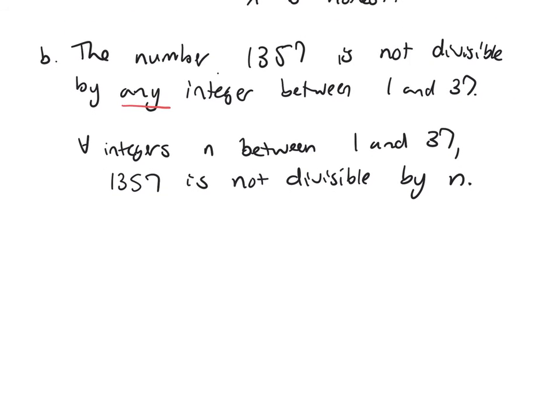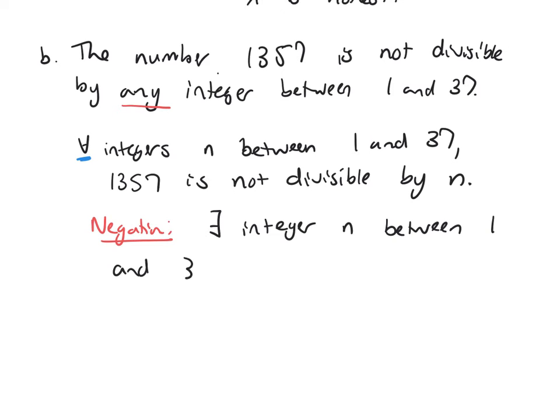So then when I go to negate these, the negation would be there exists, again, flip your quantifier, there exists an integer n between 1 and 37.